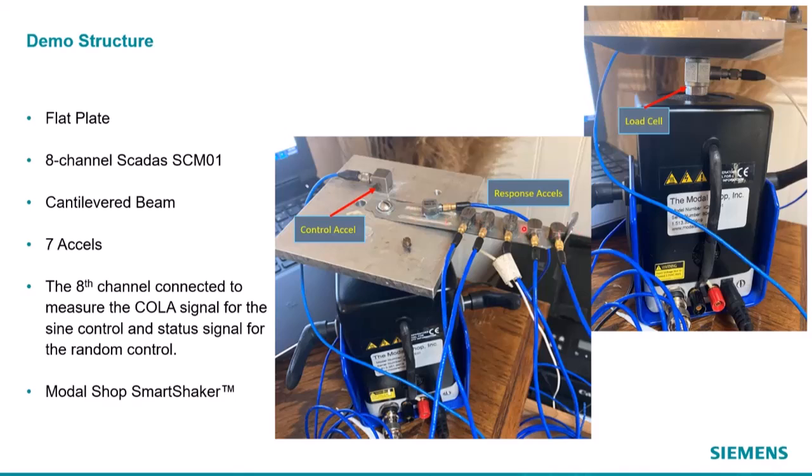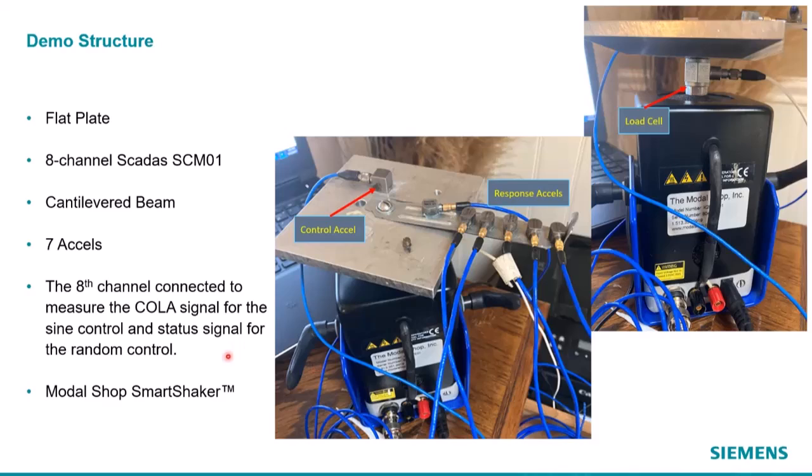We're monitoring the response limit, but I've got my control accelerometer here at the base, and that's what I'm going to control to. In this case, I did have a load cell connected, but in my case for the sine test, I measure the COLA signal. It's a constant output level adapter, and it actually stays at a 1 volt amplitude, but it gives you the instantaneous frequency as a function of time.